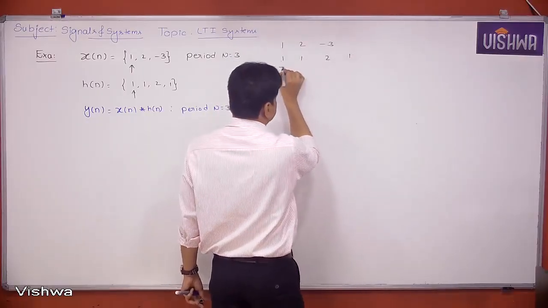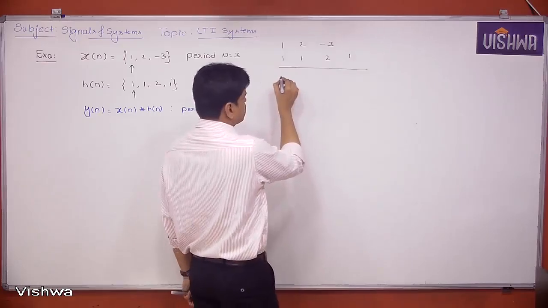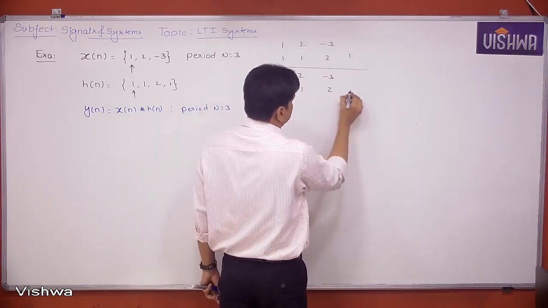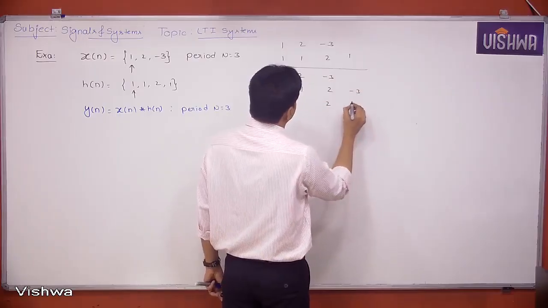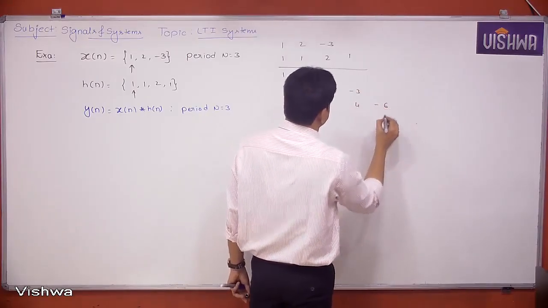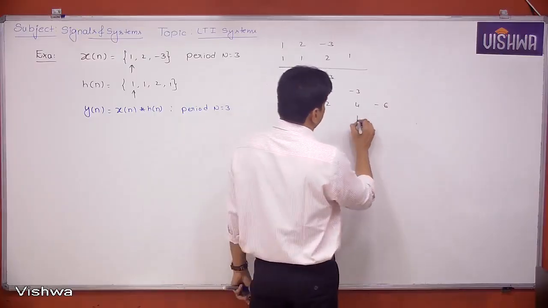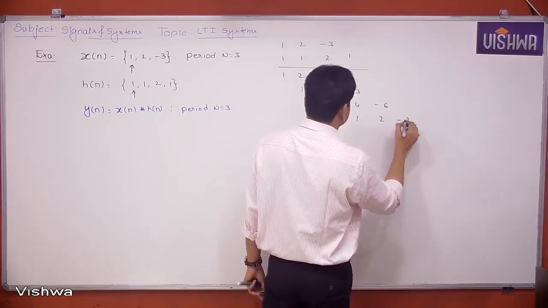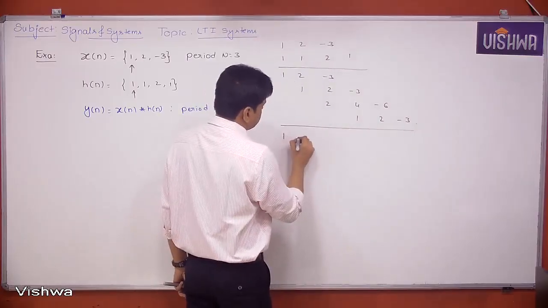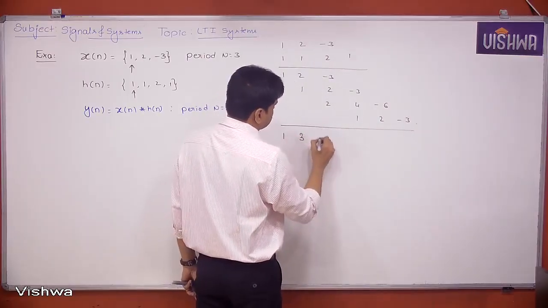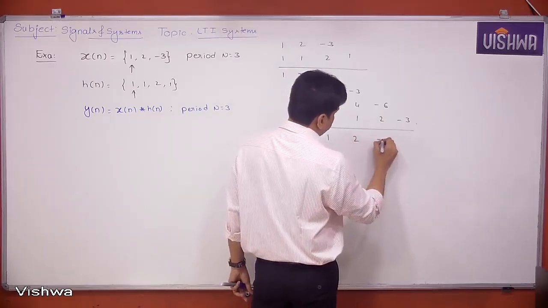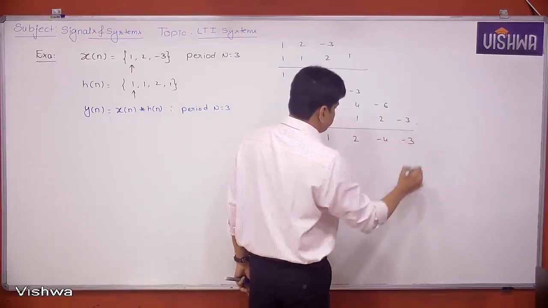Directly we can write them in the multiplication method: 1, 2, minus 3; 1, 2, minus 3; 2, 4, minus 6; 1, 2, minus 3. Now if I add them, we get 1, 3, 1, 2, minus 4, minus 3.